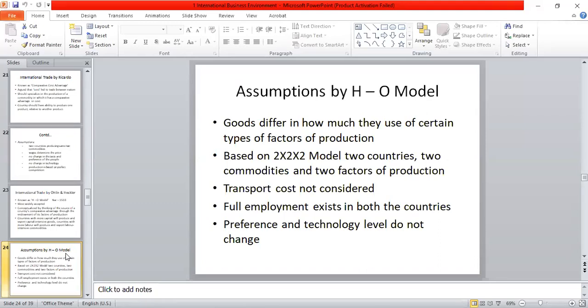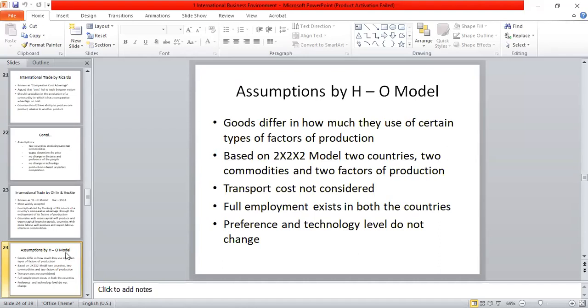Suppose you are good in land, or good in labor. It is based on a 2 by 2 by 2 model, meaning 2 countries, 2 commodities, and 2 factors of production. On that basis, trade can be completed. But HO is not considering transport cost. Transport cost is totally neglected.